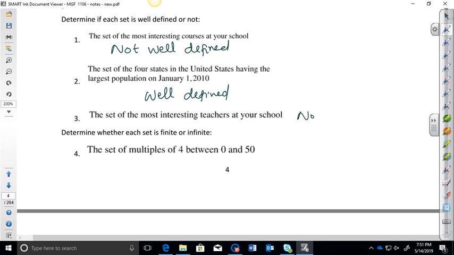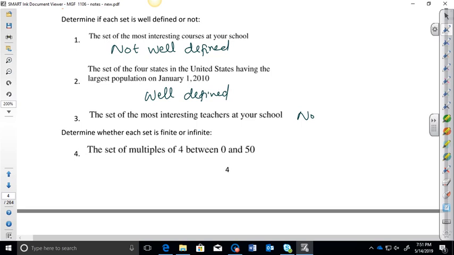That's not well-defined. Well-defined means you should be able to say the elements of that set, and it should be the same no matter who says it.